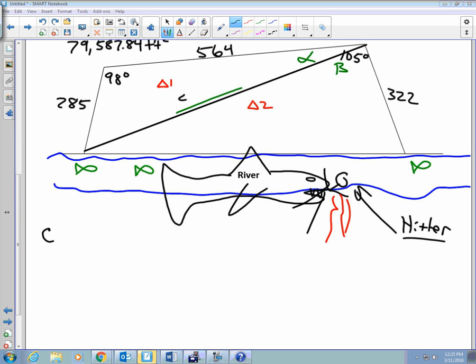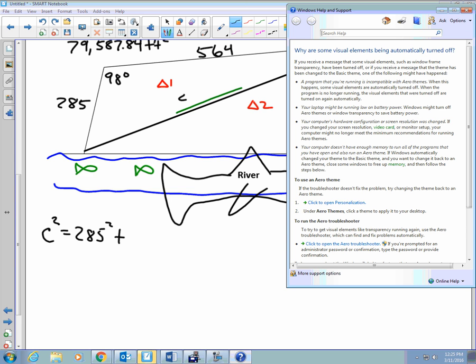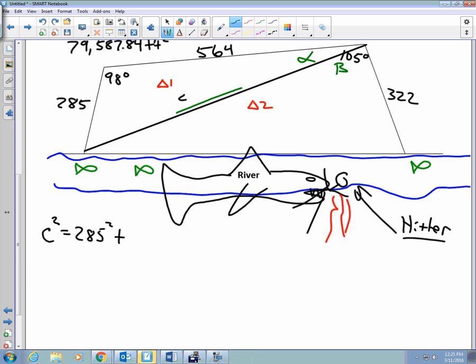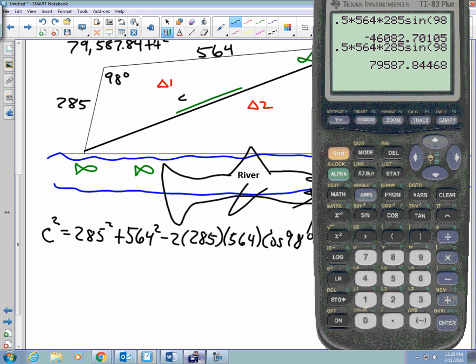So I'm going to find C. C squared is equal to 285 squared plus 564 squared minus 2 times 285 times 564 times the cosine of 98 degrees. Because law of sines requires you have an angle and its opposite side.